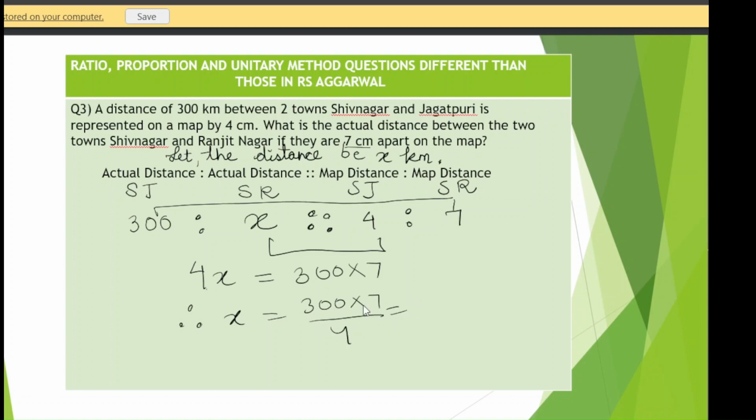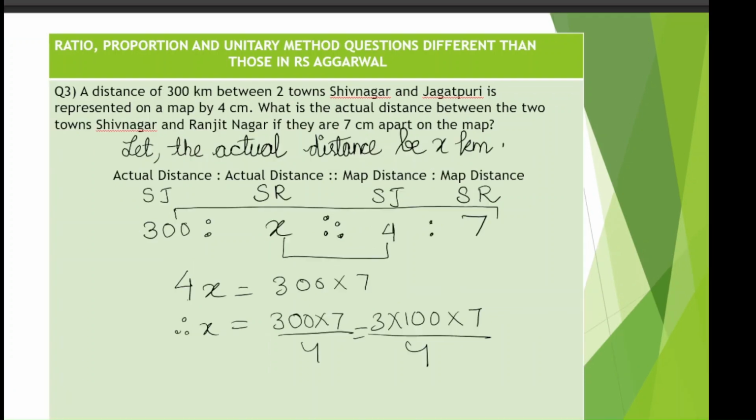Now can I not write 300 as 3 into 100, into 7 by 4? Yes, I can write. So now I can cancel out 4 with 100. If I cancel out 4 with 100, what will it become? 4 ones are 4 and it will become here 25 because 4 into 25 is 100.